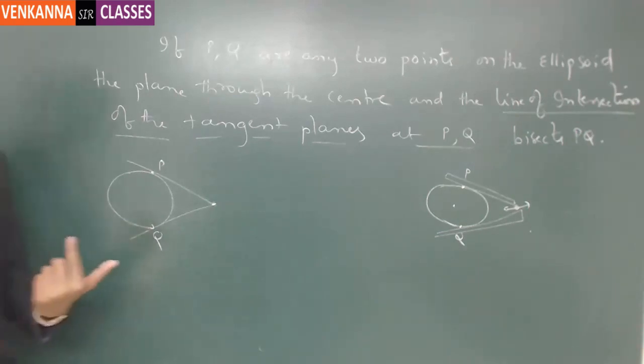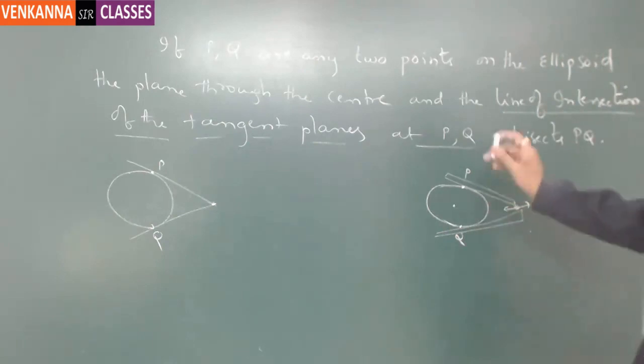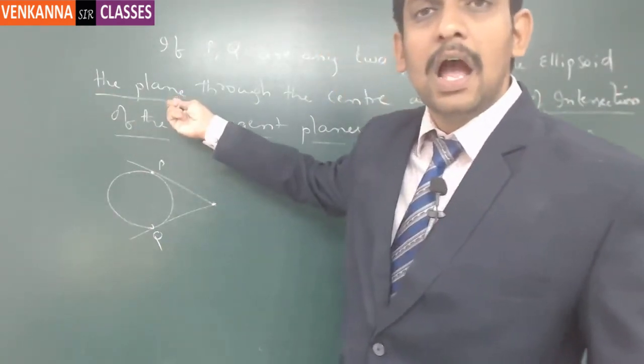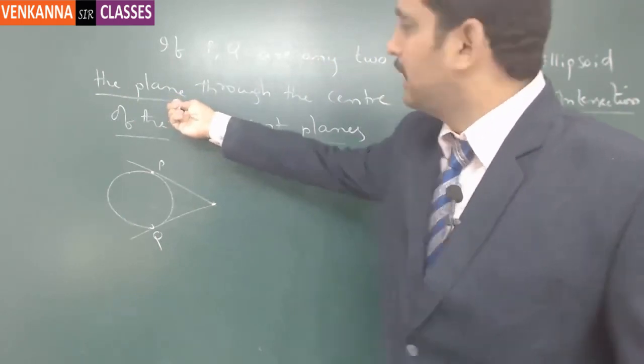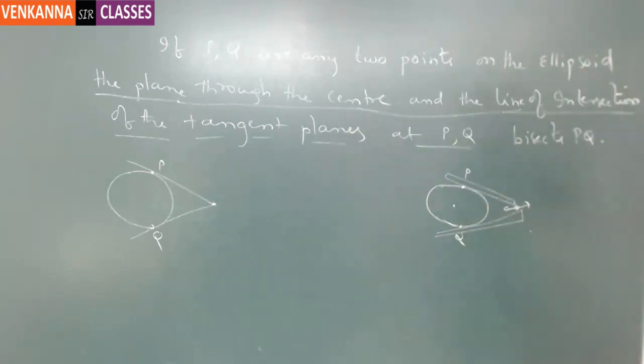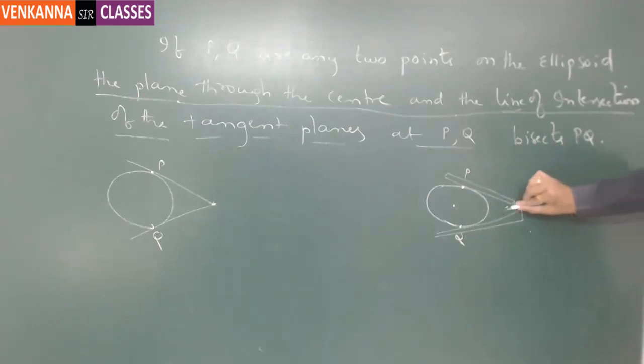Right. Now, the actual thing you are doing is you have to calculate a plane, and what is the property of the plane? It is passing through the center and the line of intersection. So at this position, I have to calculate a plane which is passing through the line of intersection and the center. So this is the plane I am calculating.